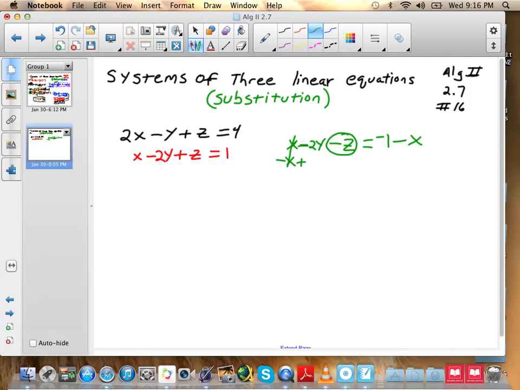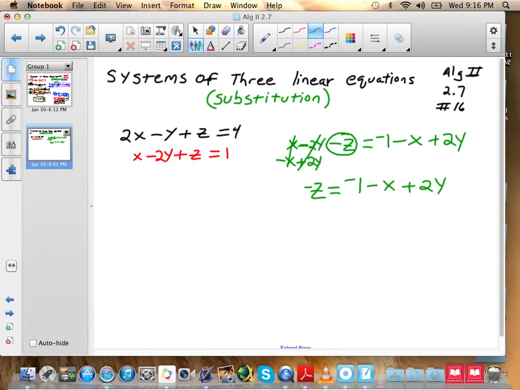So I'm going to add 2y so that my second term cancels to 0, and what I do to one side, I do to the other. So now I have -z equals -1 minus x plus 2y.